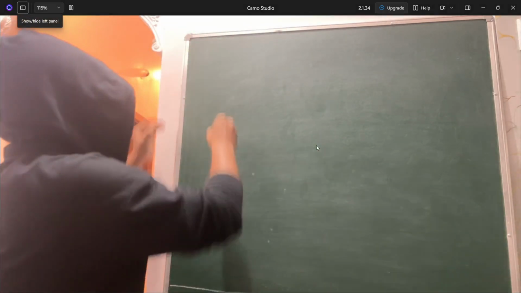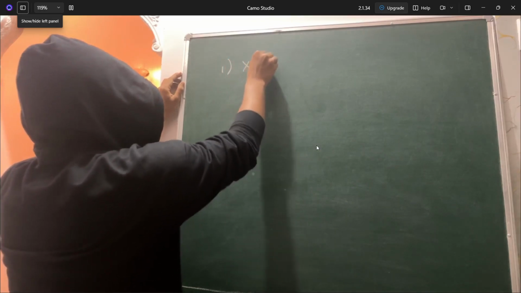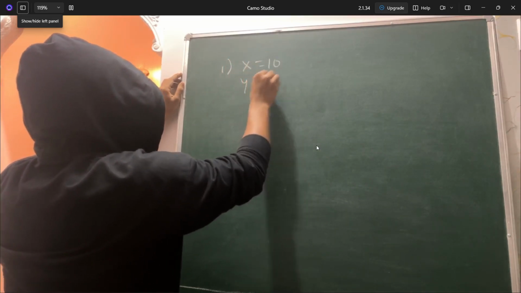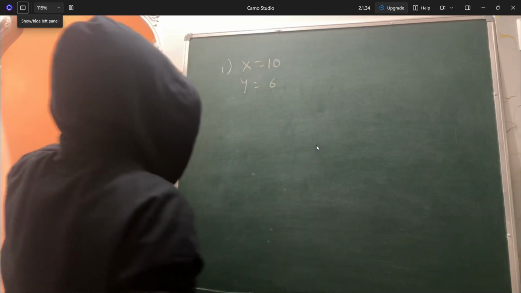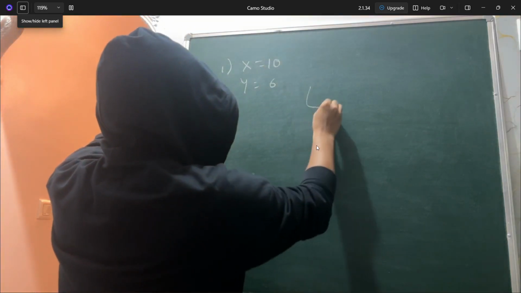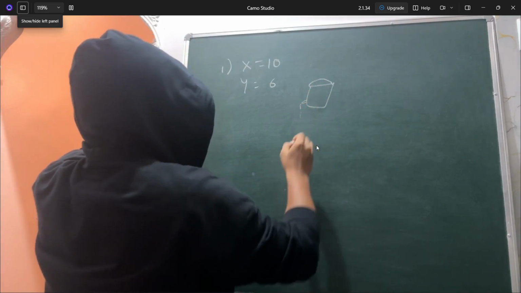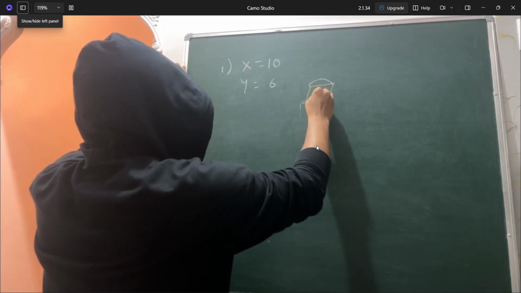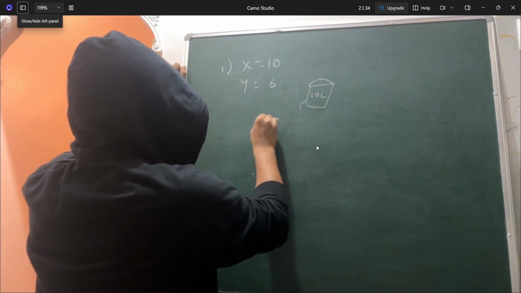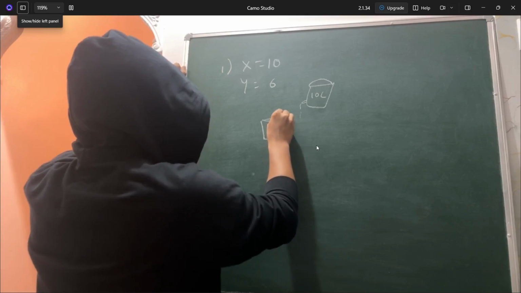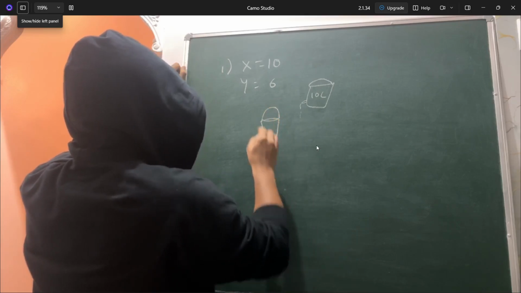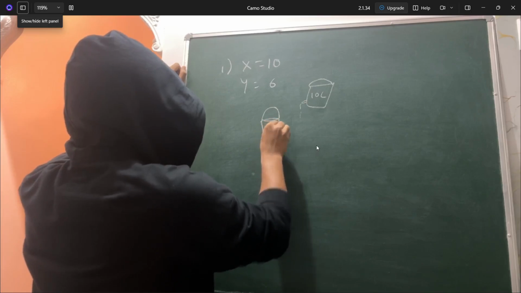So the first example is y equal to 6. Basically, we have one geyser with a capacity of 10 liters, and one bucket whose capacity is y liters, 6 in this case, and we have one person.